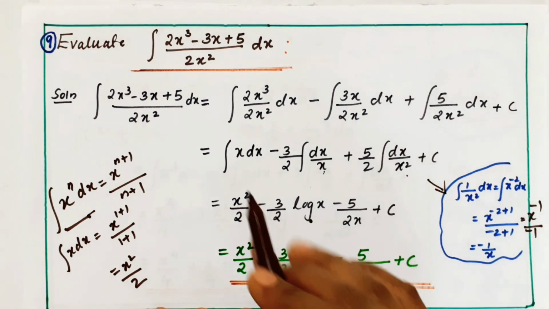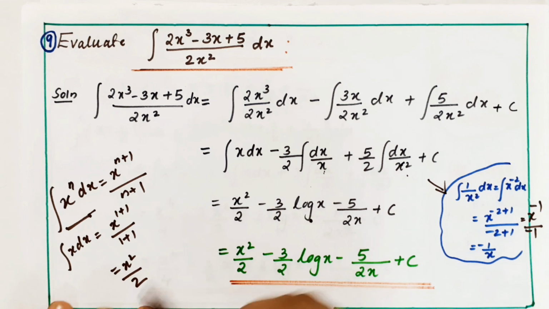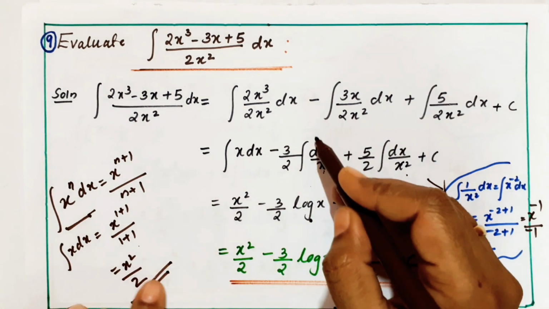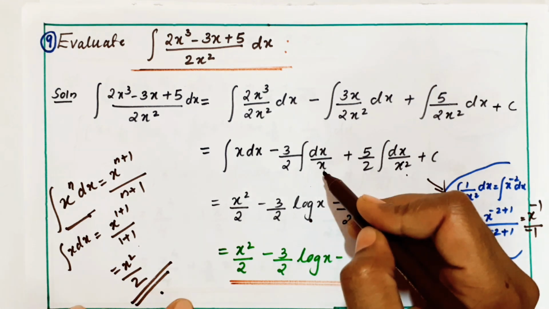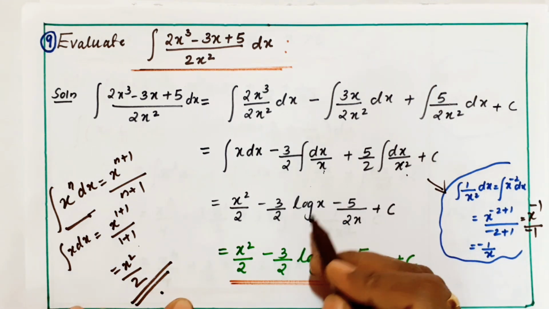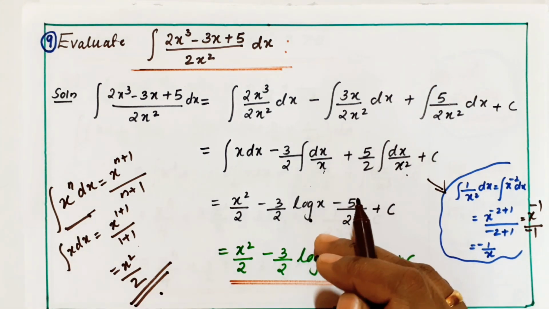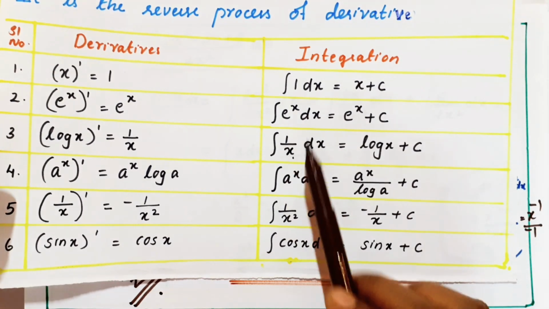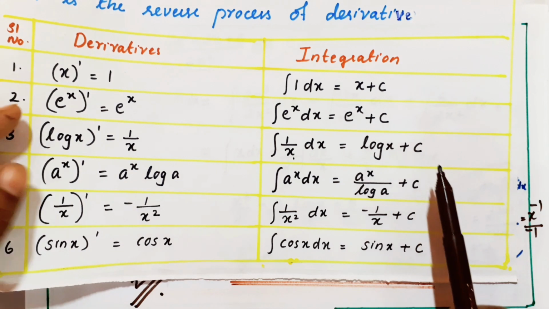Clear? I repeat. What is the integral of x dx? X square by 2. The next term is the integral of dx by x, a standard basic formula, log x. In the previous video I gave this equation: integral of 1 by x dx is log x plus c.